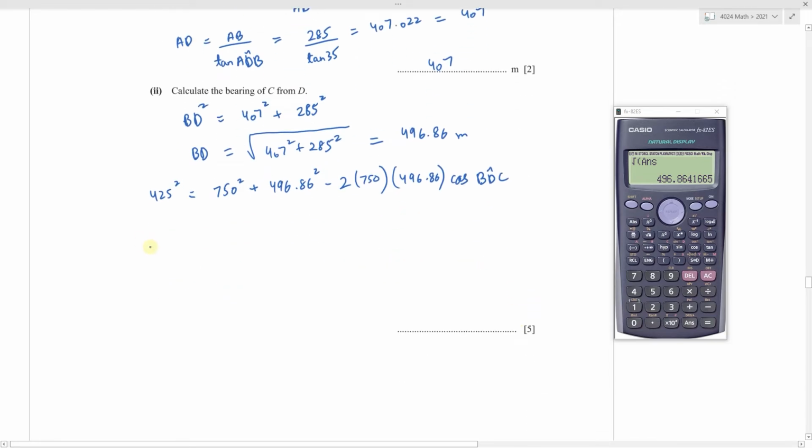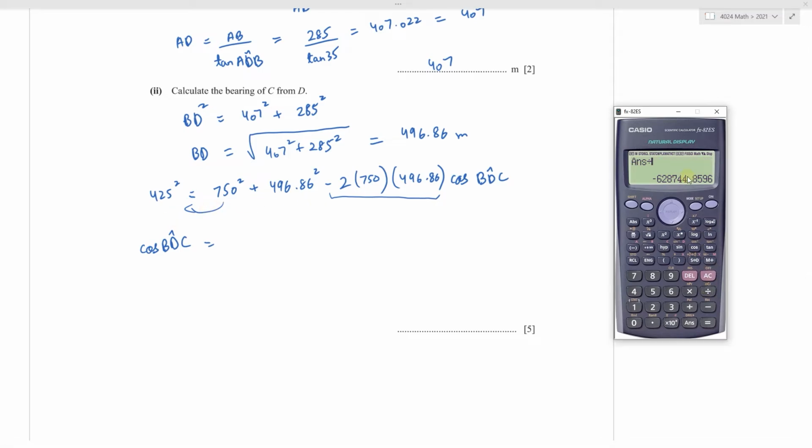So your angle BDC. So I'll take this to the other side and this to the other side. It will be subtracted. So this will be 425 square minus 750 square minus 496.86 square. And then this is being multiplied here, so when I take it to the other side, it will go into the denominator.